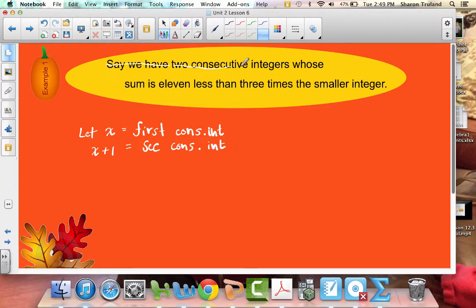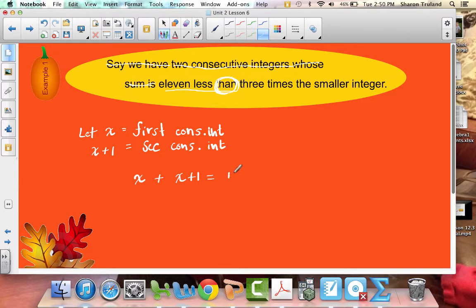All right, so we have these two whose sum, oh, so they want me to add these together. All right, so they want me to take the first one and add onto it the second one is equals 11 less than, oh, there's that word, than.